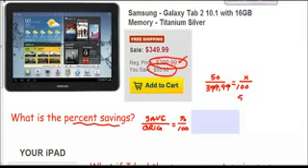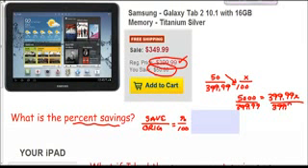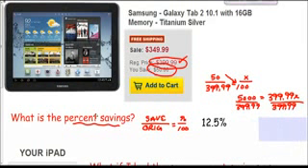And by going through and doing the cross products, so multiplying diagonally across the equals, we can find the value then of X after we divide by this coefficient of $399.99 on each side. And if you take your calculator and divide that out, you should find that you get about 12.5% as your percent savings.